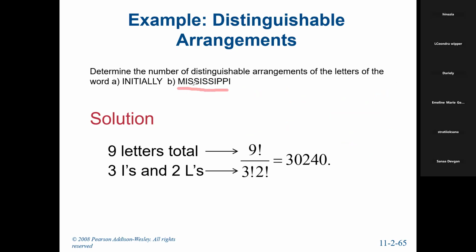So this word has 11 letters. Yes or no? Yes. How many S's do you have? 4. How about I's? 4. How about P? 2. Okay.